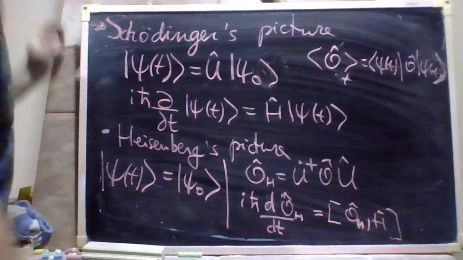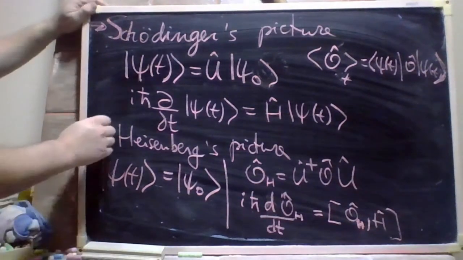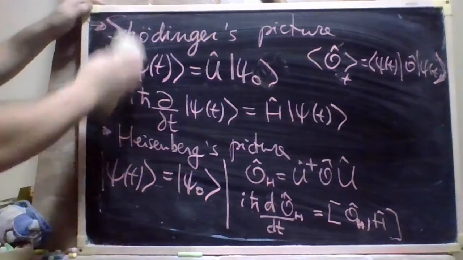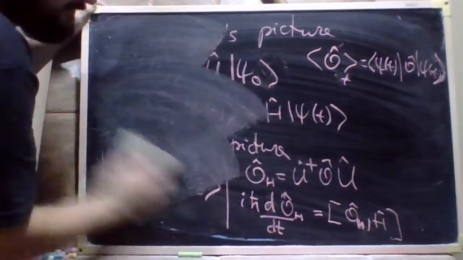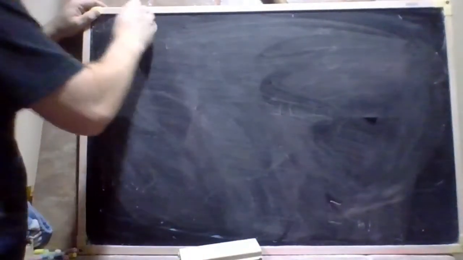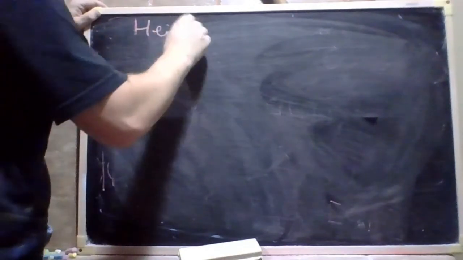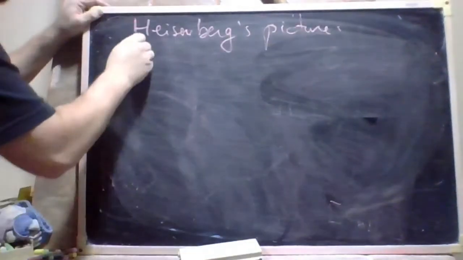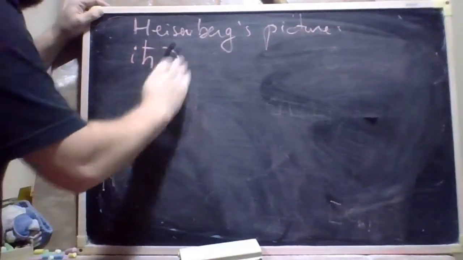But Heisenberg has another advantage with respect to Schrodinger. In the Heisenberg picture, I have this equation.